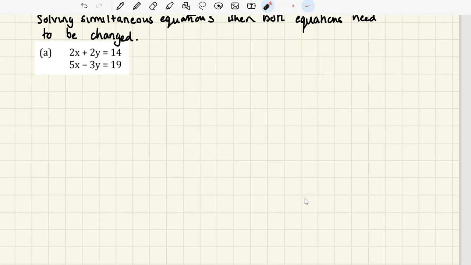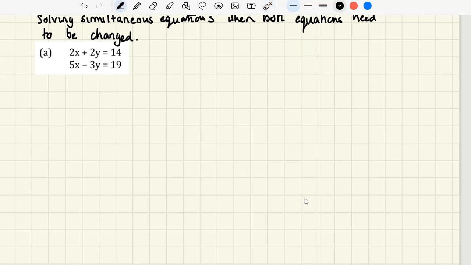You can't multiply 2 to make 5, so it doesn't look like there's a nice simple multiplication to be done. But the process is still the same. We're still looking for either the x's or y's to be the same number. Right? That eliminates them from affecting the answer. So any ideas?